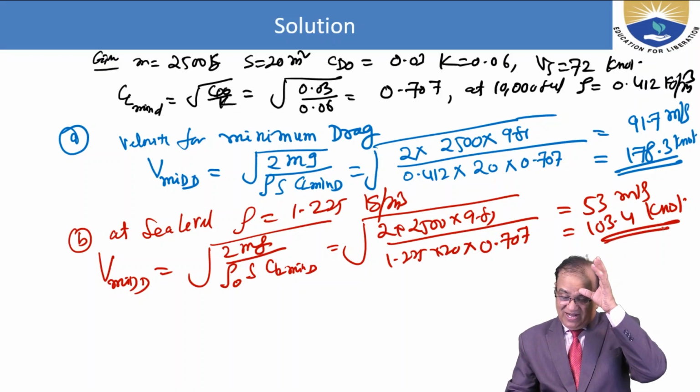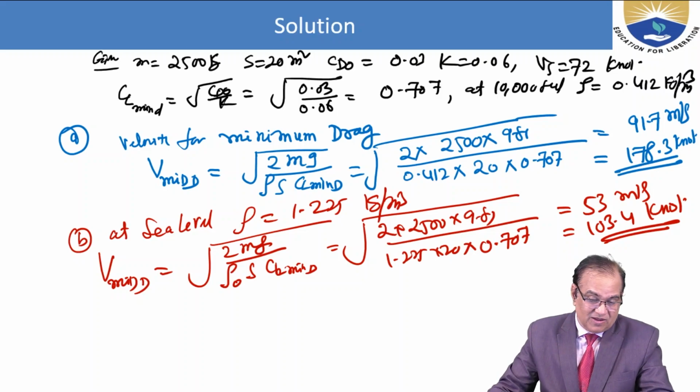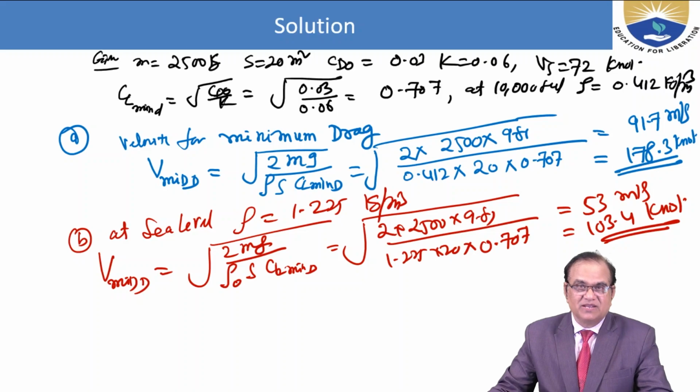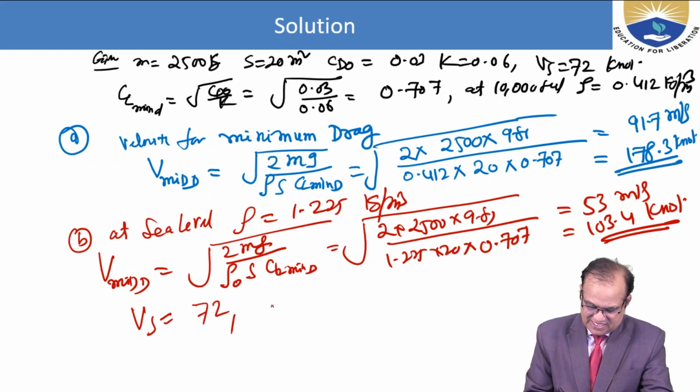So at sea level, the minimum drag velocity is less compared to the high level. It is observed that minimum drag speed is increased with altitude. For both altitudes, the minimum drag speed is higher than the stall speed, and we know that stall speed is given here as 72, and we got the first case as 178 and the other as 103.